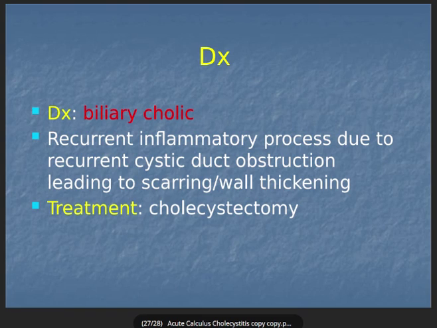This is why I'm admitting him, because he might go home and develop complications. But biliary colic, never ever admit, please. I hope it's clear. Thank you very much.